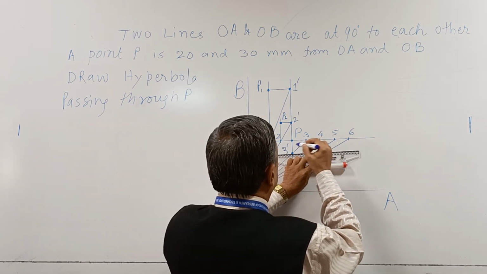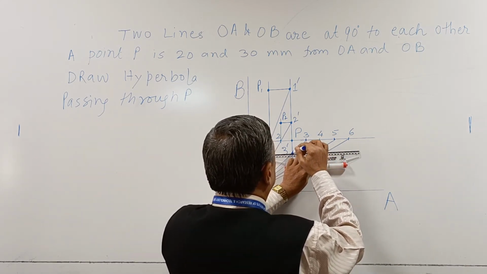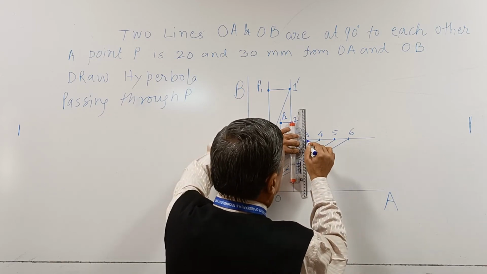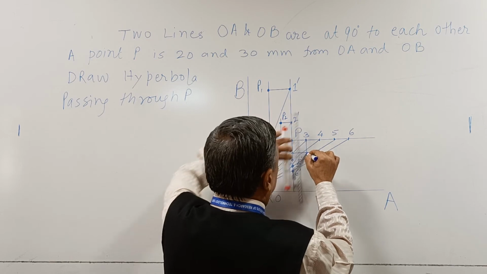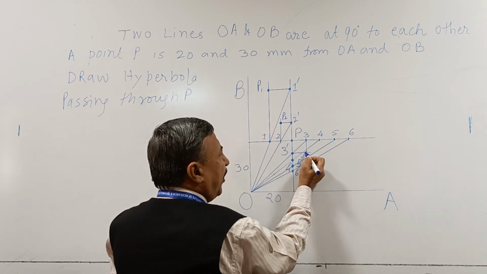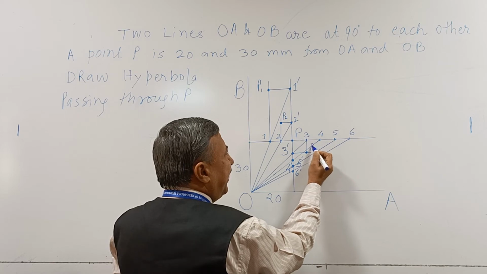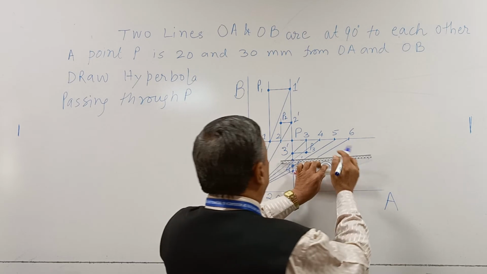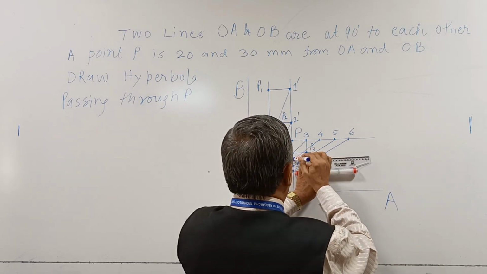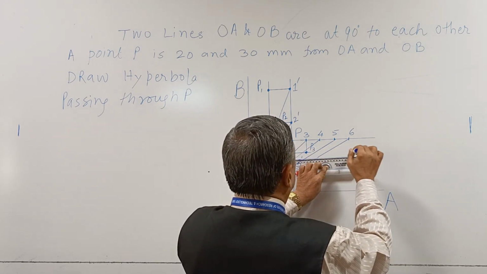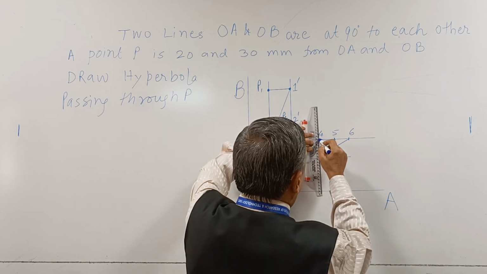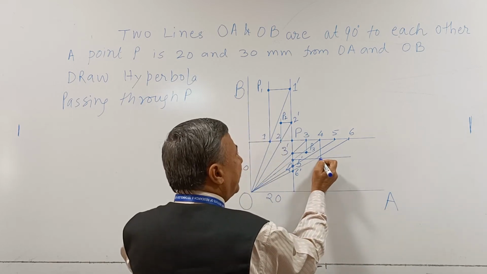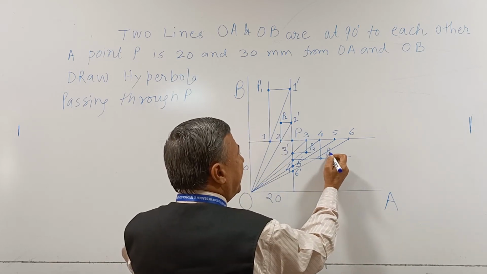Now we repeat the same construction. From 3 dash draw parallel to OA, from 3 draw parallel to OB. So we get point P3. Next, from 4 dash we draw parallel to OA and from 4 we draw parallel to OB. So we get point P4.